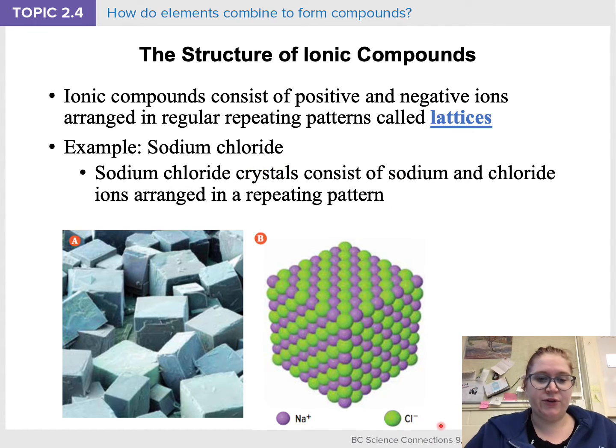So the green circles are chloride, and they are alternating. So this is a pattern, sodium and chloride ions arranged in a repeating pattern. This makes up these little squares. If you looked at salt under a very powerful microscope, you'd see those little squares. And yeah, these are salt crystals.